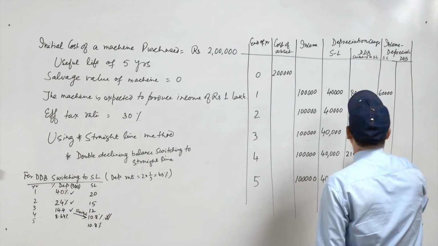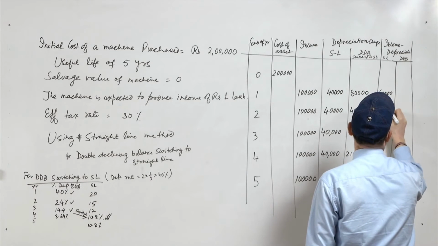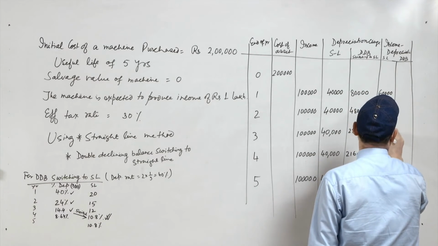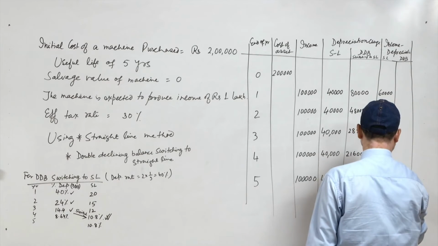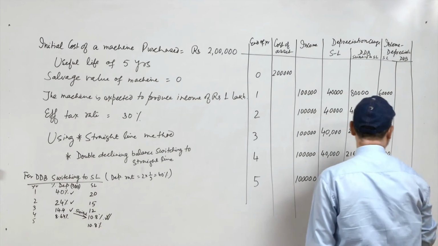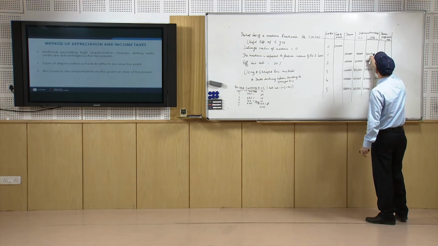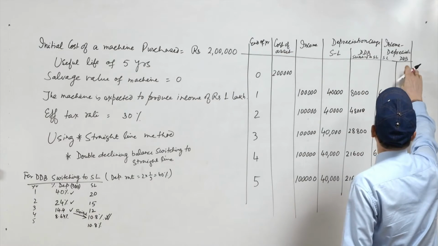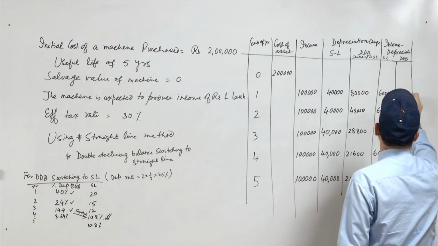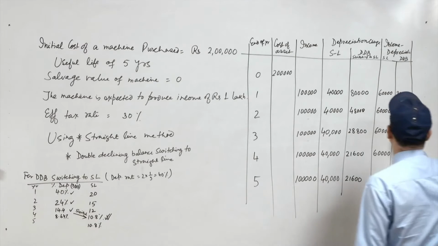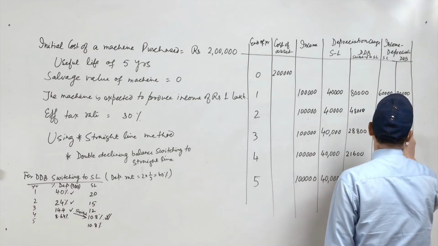Every year you have 60,000 in the case of straight line, and in the case of DDB switching to straight line, your amount in the first year is 20,000 taxable income, here it is 40,000.